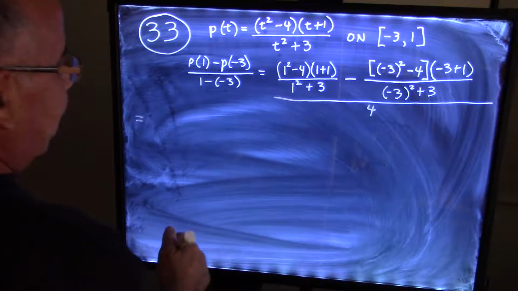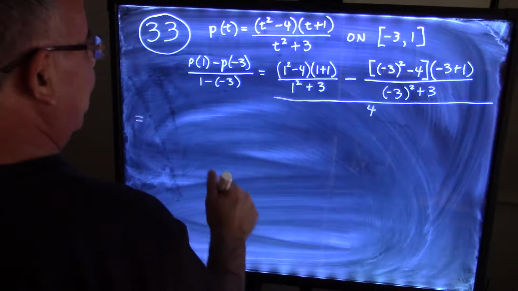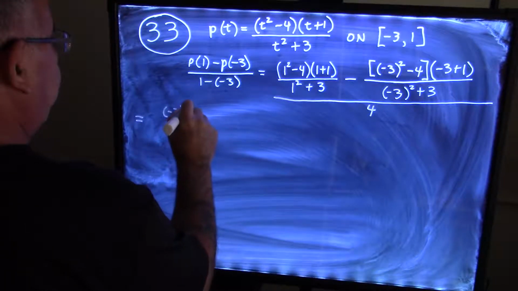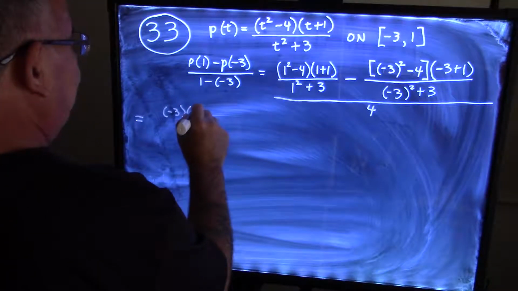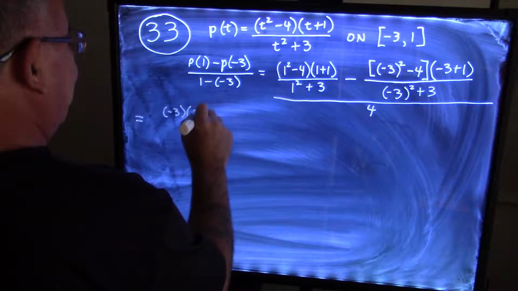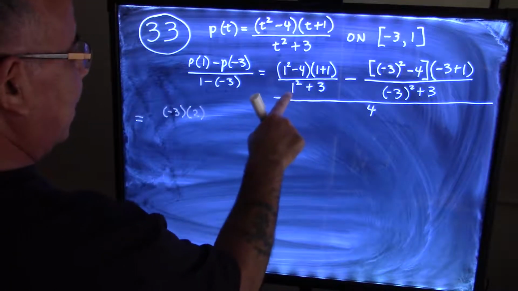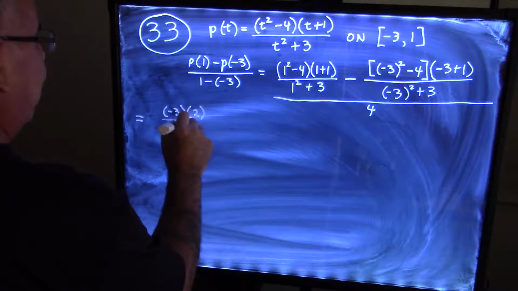Okay. So this becomes 1 squared is 1, 1 minus 4 is -3. This is 1 plus 1. Oh my goodness, what is that? Oh, I think it's 2, yeah. It's probably one of the first arithmetic facts I ever learned. 1 squared is 1 plus 3 is 4. So that's 4.